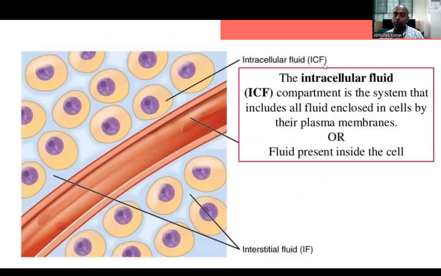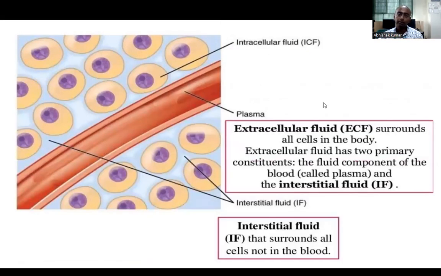The intracellular fluid compartment is the system that includes all fluids enclosed in a cell by its plasma membrane, the fluids present inside the cell. Extracellular fluid surrounds all the cells in a body.